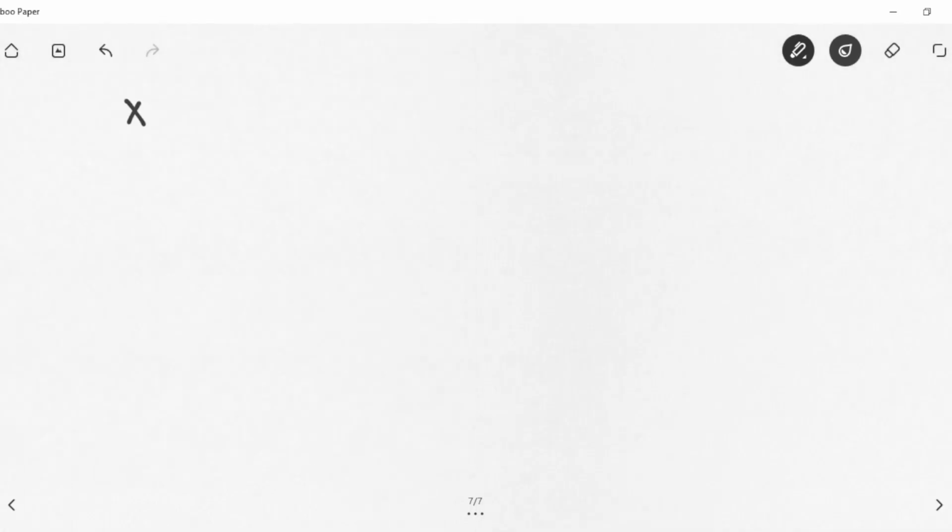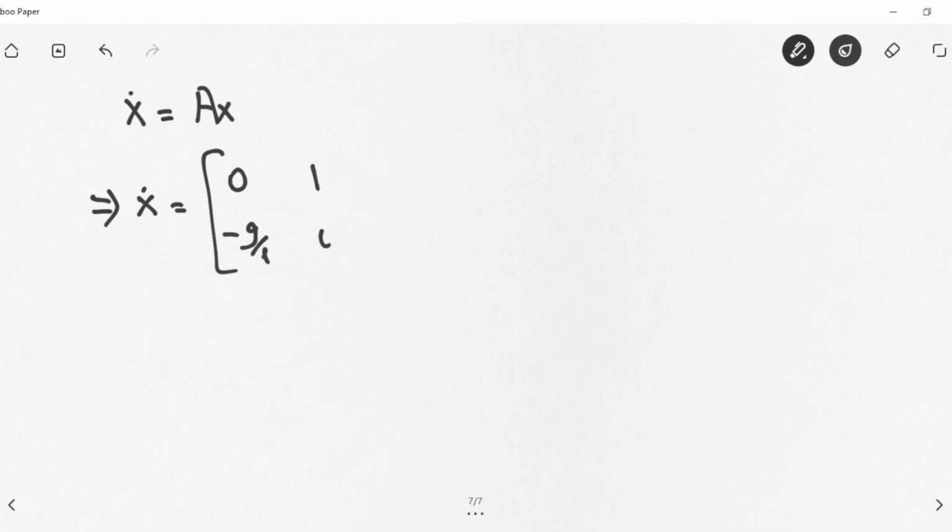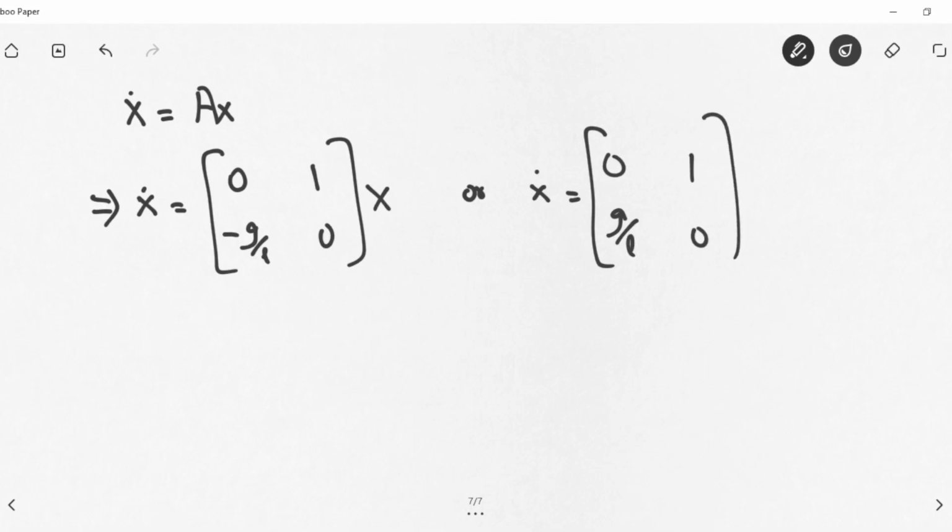and therefore our linear model can be represented by x dot equal to Ax plus Bu. In this case u is 0, so x dot equal to 0 1, minus g by L 0 times x, or x dot equal to 0 1, plus g by L 0 times x.